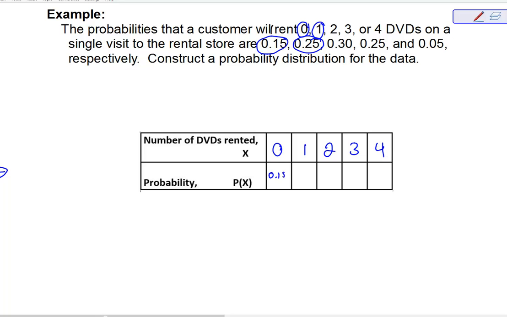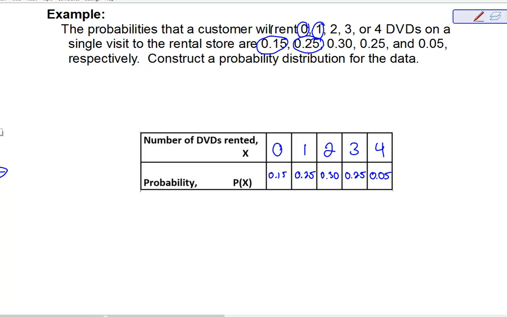So 15 hundredths, 25 hundredths, 30 hundredths or 3/10, 25 hundredths, and 5 hundredths. And we have completed our probability distribution. When it's asking for a probability distribution, it's just meaning make a table of it with the possible outcomes and the probabilities that are for those outcomes.